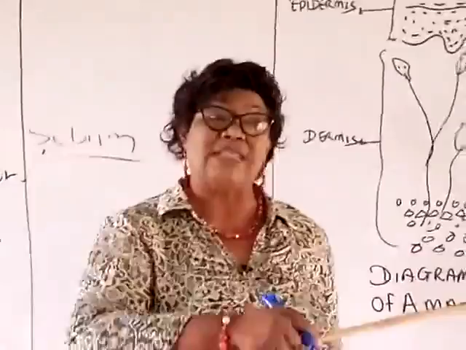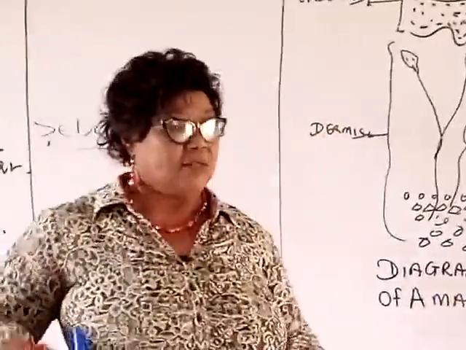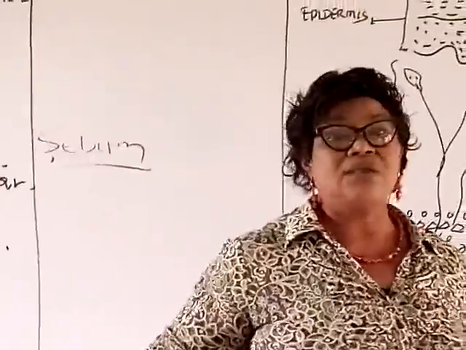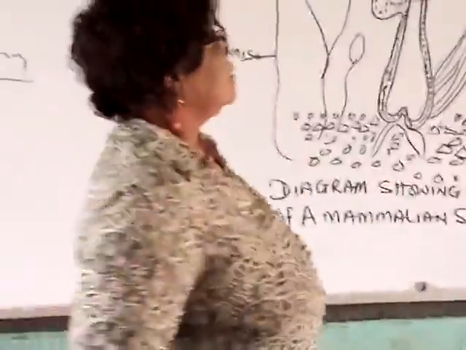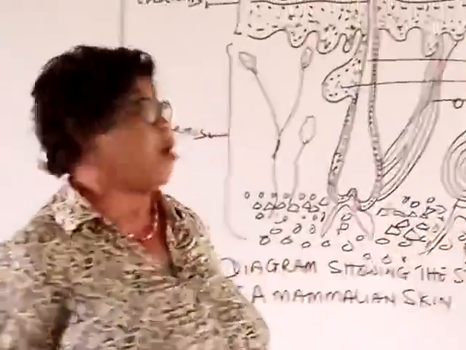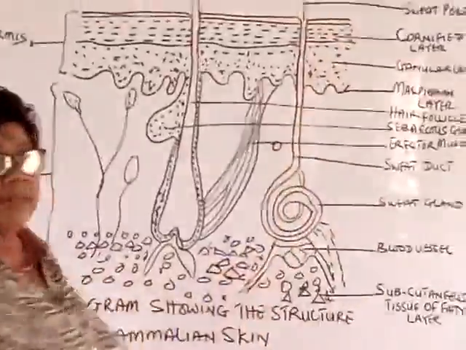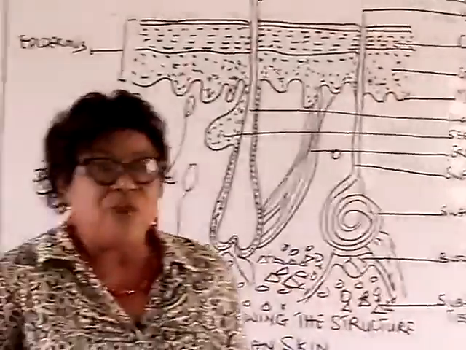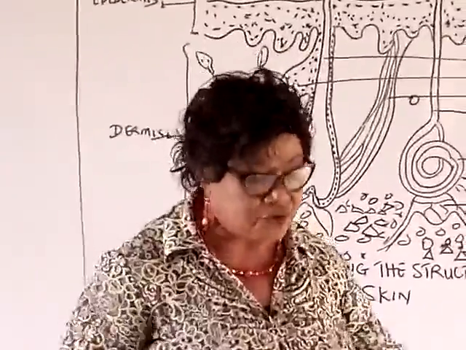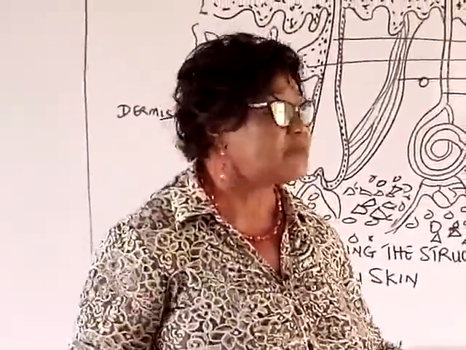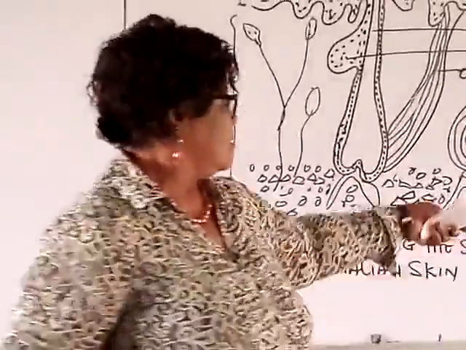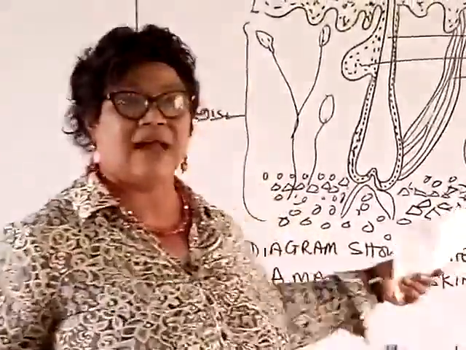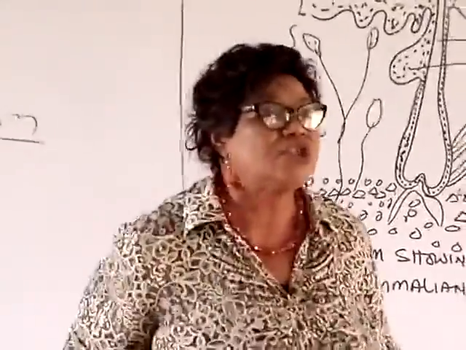And from this sweat duct, the fluid goes out to the surface of the skin, in the upper part of the skin, through what we call the sweat pore. And that watery substance, absorbed as a waste product from the surroundings of the blood vessels around it, is what we call sweat.